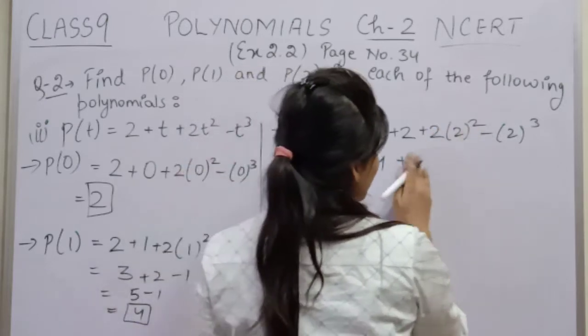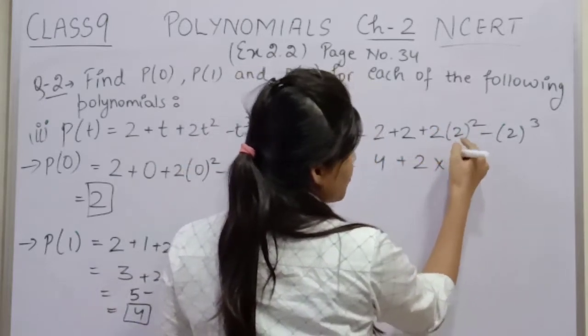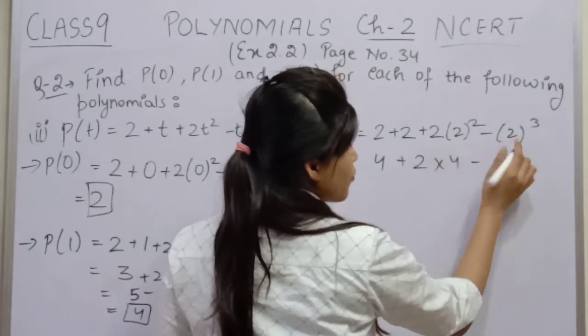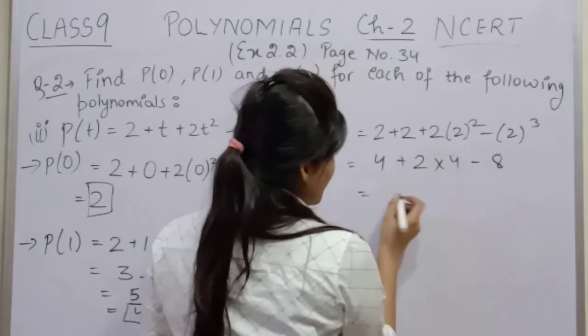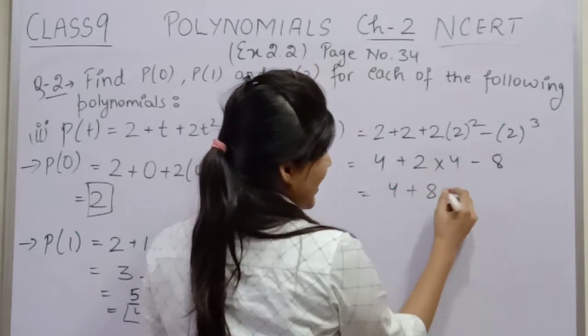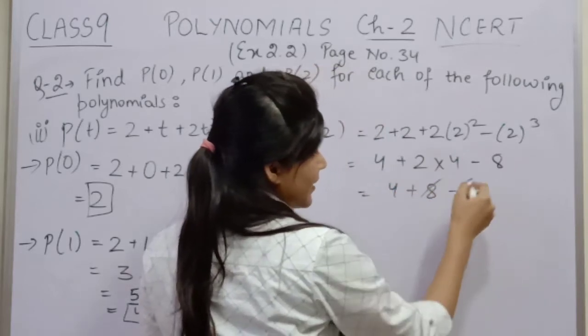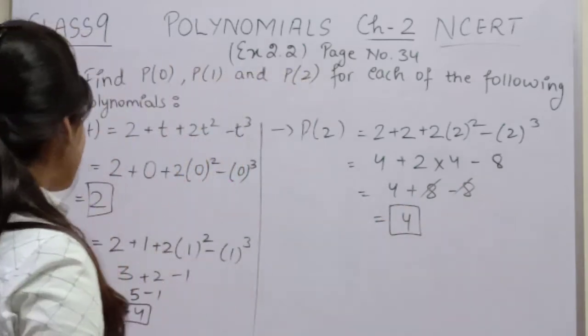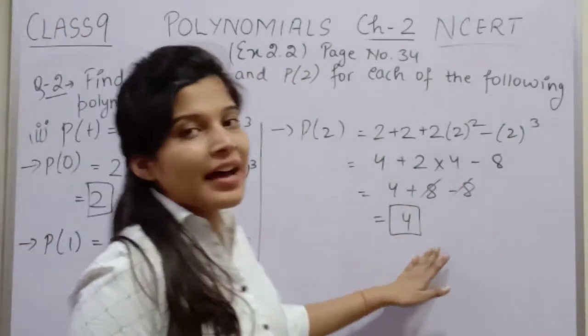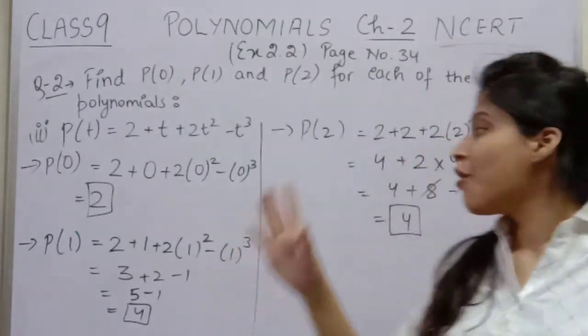See how I did this. 2 into 2 twos are 4, minus 2 cube is 8. Okay, so this is 4 plus 8 minus 8, plus 8 minus 8 cancel. So this is 4. So at P2 also the value of this polynomial is 4.